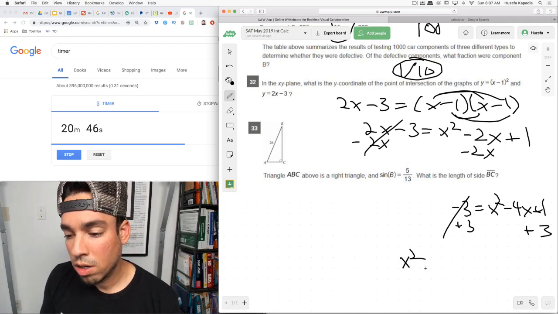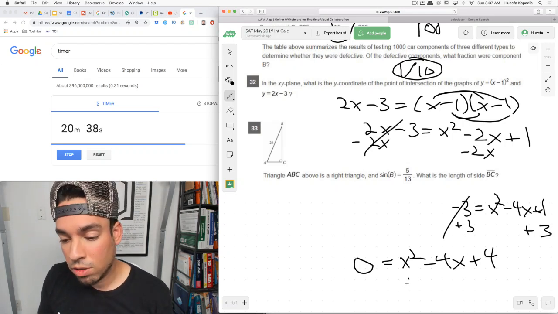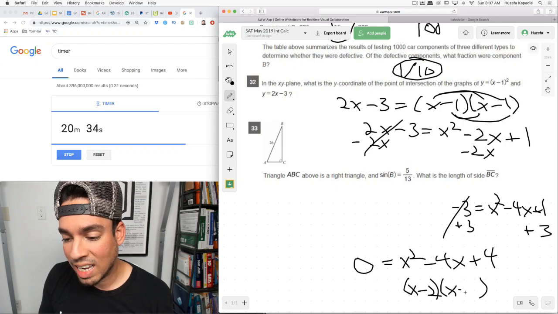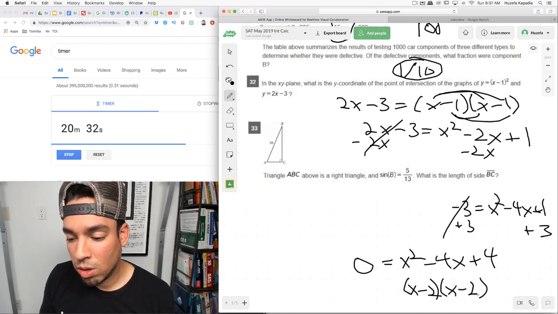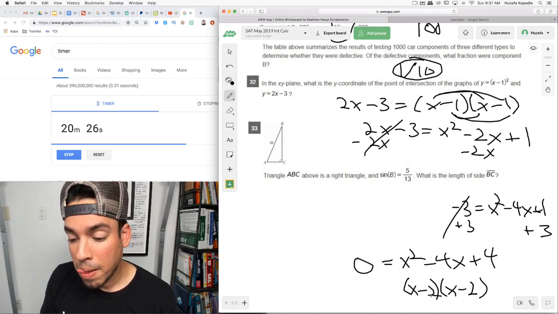X squared minus 4x plus 4 equals 0. And then to find the solutions, we need to factor. Oh, this is nice. It's x minus 2 times x minus 2. Because it's negative 2x, it's what adds to -4, -2 and -2, and what multiplies to +4. Those work. So my solution for x, anyways, is -2.